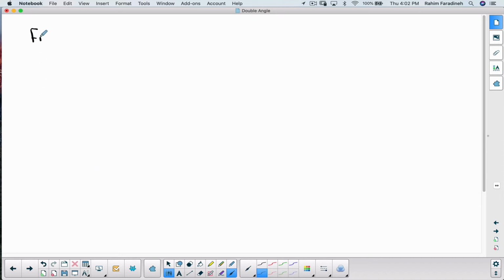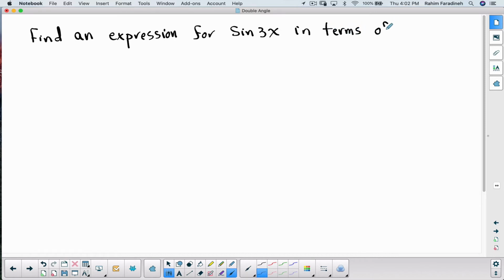I want to find an expression for sine 3x in terms of sine x.